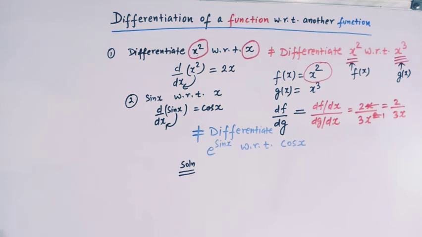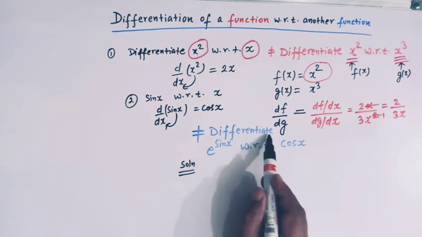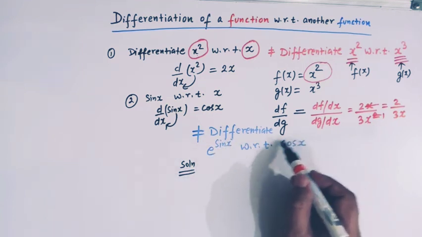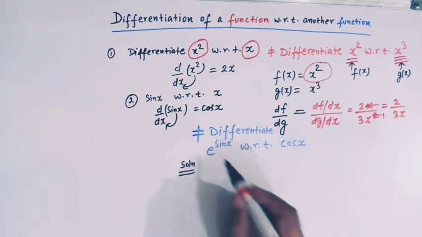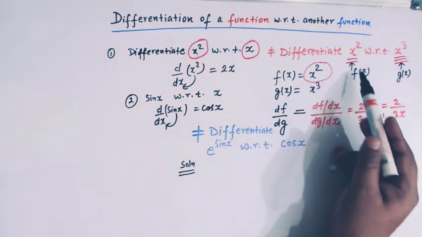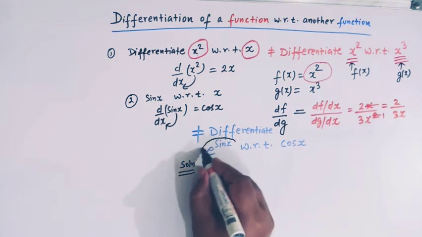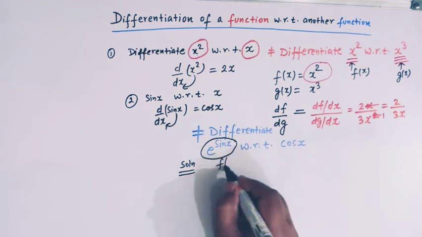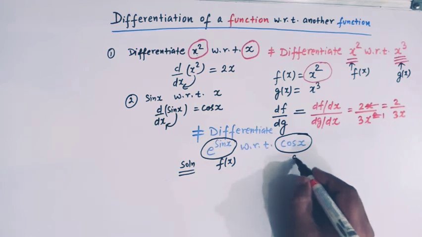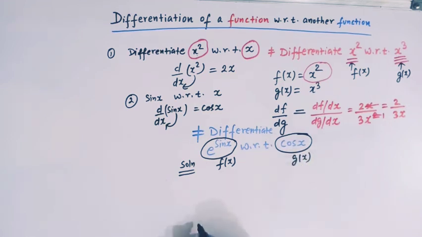Now let us take another problem. Here we have to differentiate e raised to sine x with respect to cos x. So we'll do the same method here. This is the first function, so we'll take it as f of x. This is the second function, we'll take it as g of x.